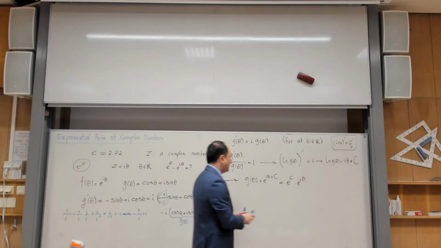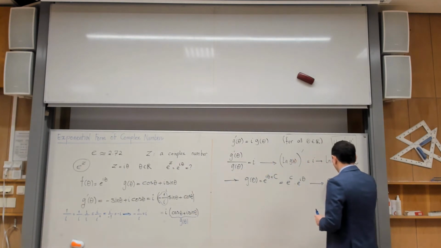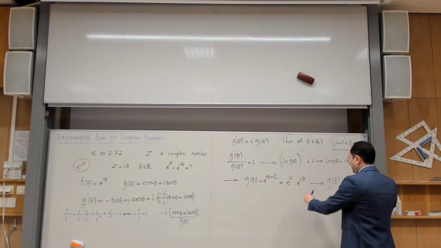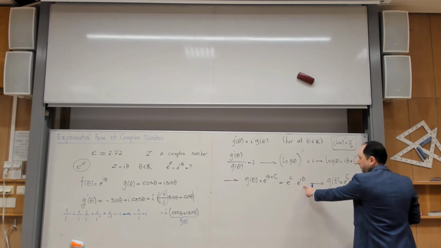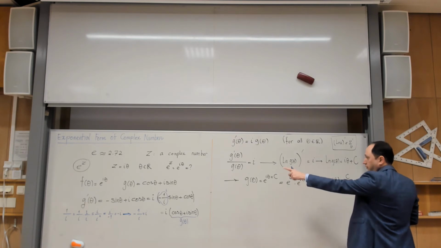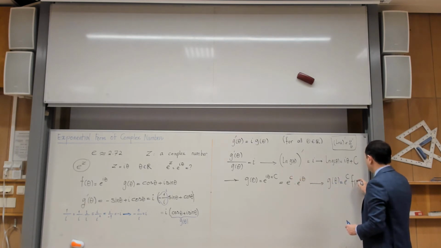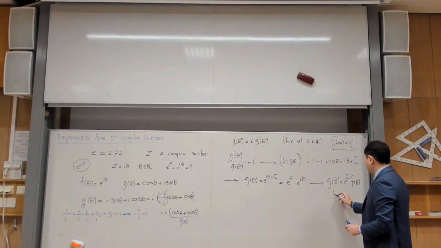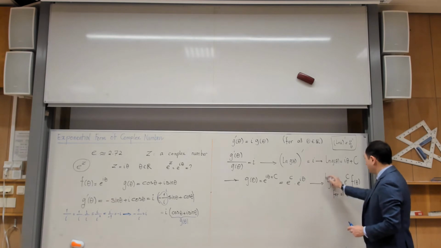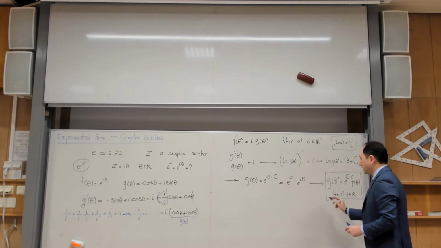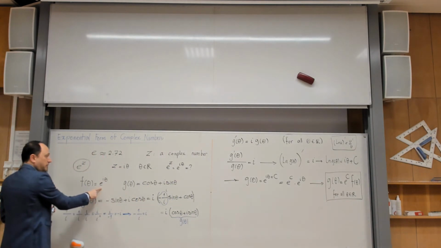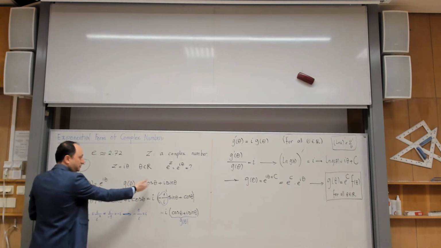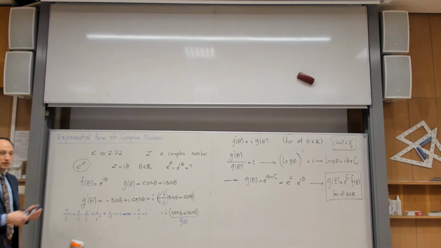So I realize that g of theta is e to the power c, where I still don't know c, times e to the power of i theta, which I introduced to be the function f of theta, for all theta in R. So at least we found a connection between this function that I am interested to know something about and this function that I artificially introduced here.